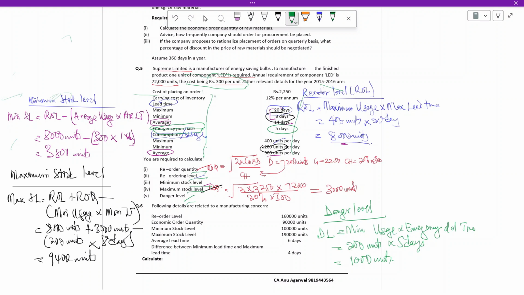Now, the reorder quantity is given by the formula square root of 2 times the cost of ordering times the annual demand divided by the cost of holding. Now, the question has provided us with enough details. The annual demand is 72,000 units as given in the question.